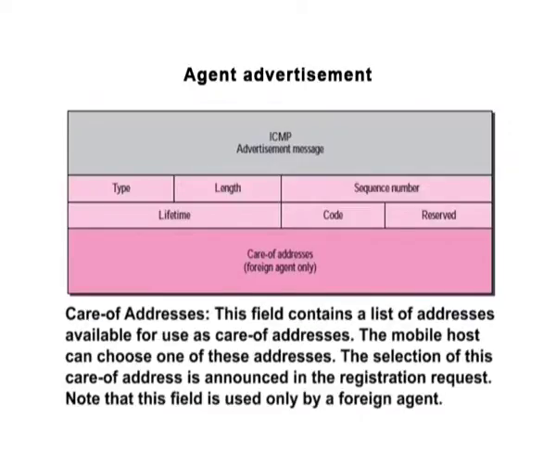Care-of addresses. This field contains a list of addresses available for use as care-of addresses. The mobile host can choose one of these addresses. The selection of this care-of address is announced in the registration request. Note that this field is used only by a foreign agent.